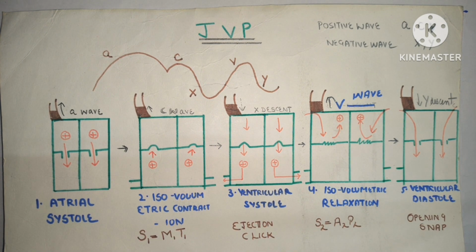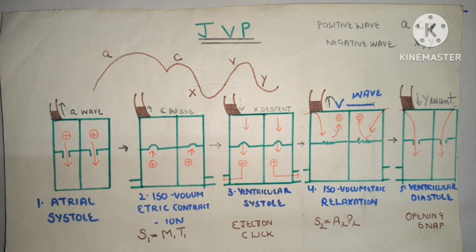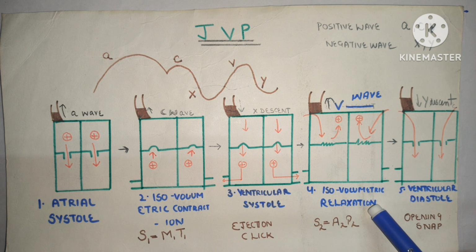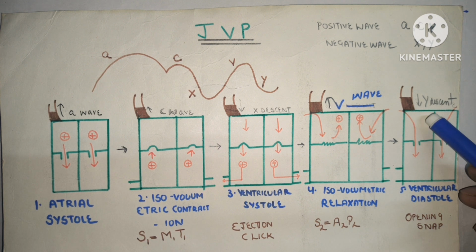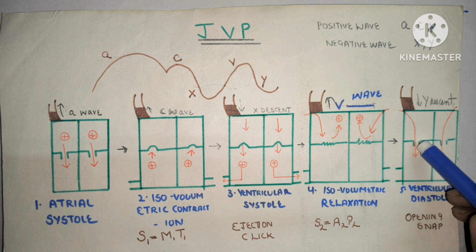Now after the V wave, guys, we are on to the Y descent. So guys, now after the isovolumetric relaxation, we are on to ventricular diastole, because the pressure in the right atrium and the left atrium has increased to a point which opens the tricuspid and mitral valve.